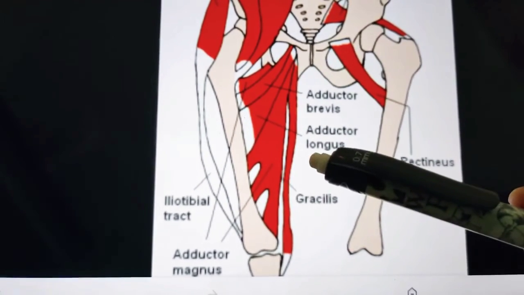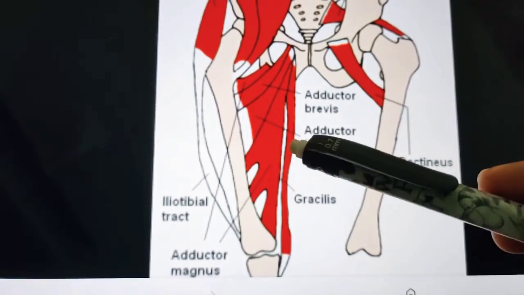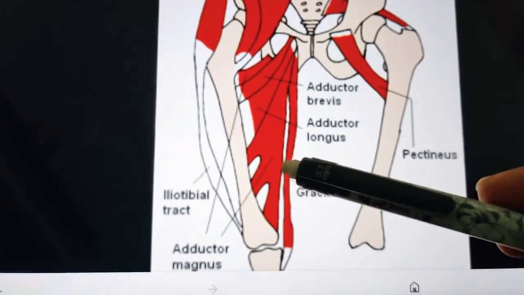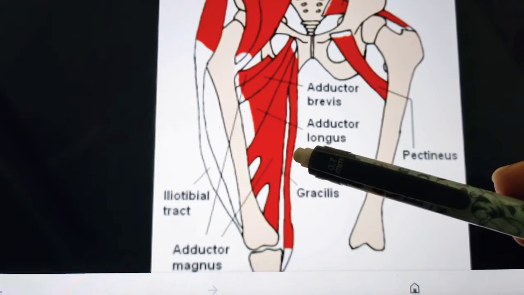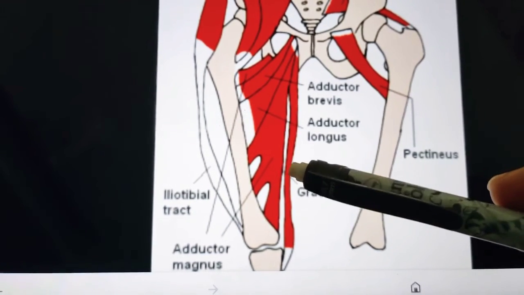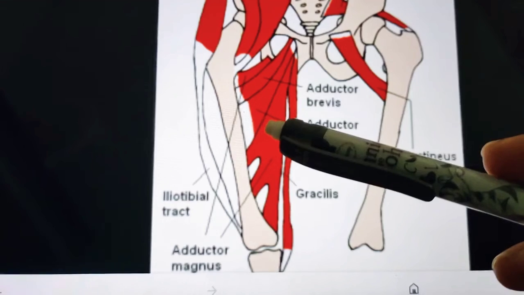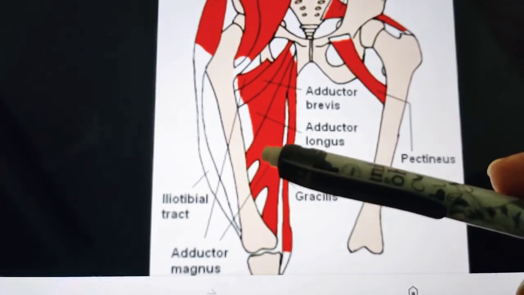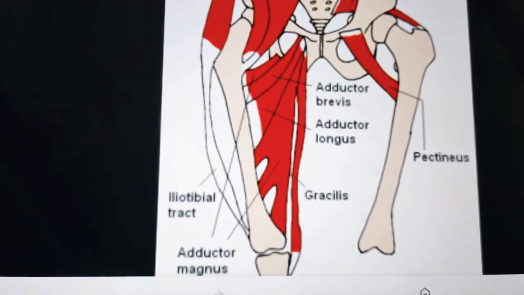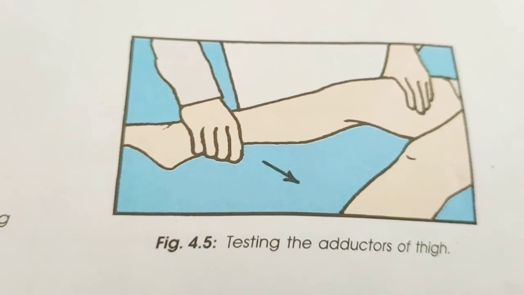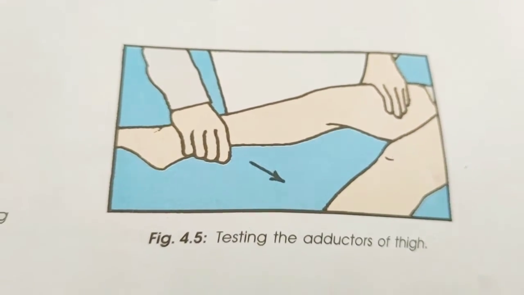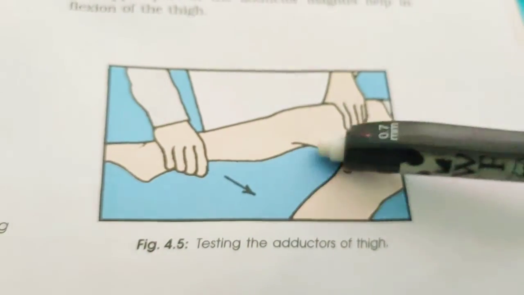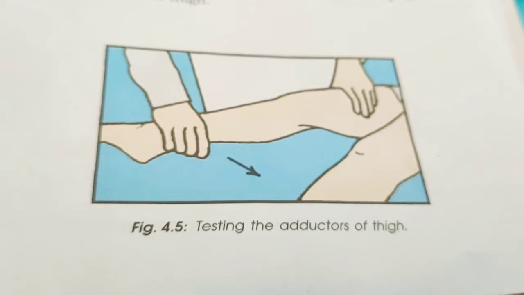These muscles can be tested by attempting to adduct the thigh against resistance and palpating them. Adductor longus, adductor brevis and the upper part of adductor magnus also help in flexion of the thigh. This diagram shows the testing of adductors of the thigh. Just move the thigh towards the medial side of the body and you can palpate those muscles present on the medial side of your thigh.